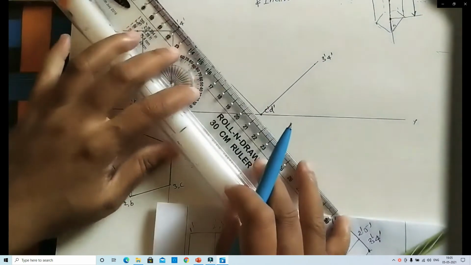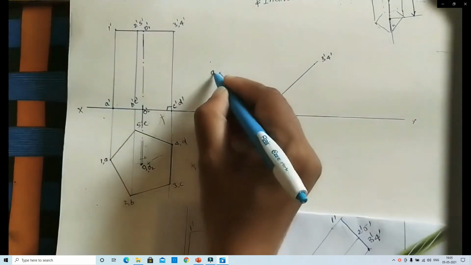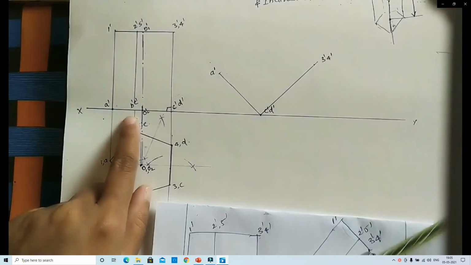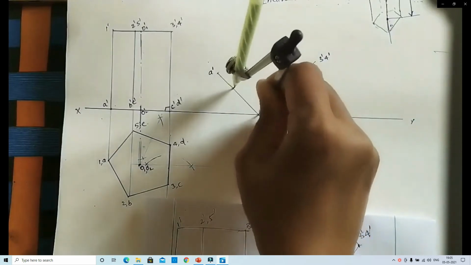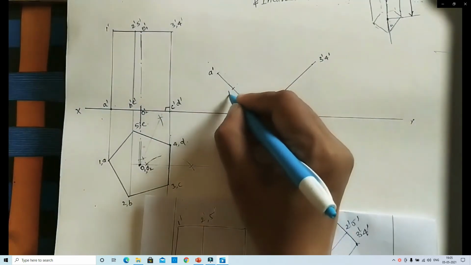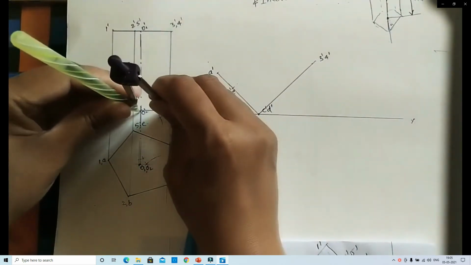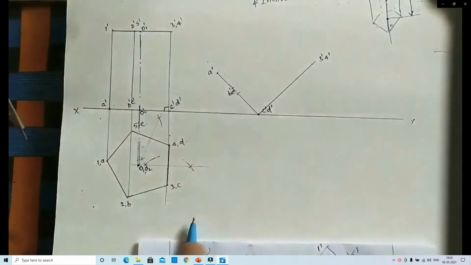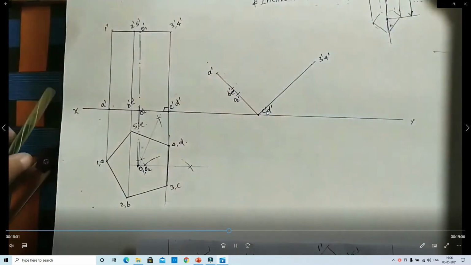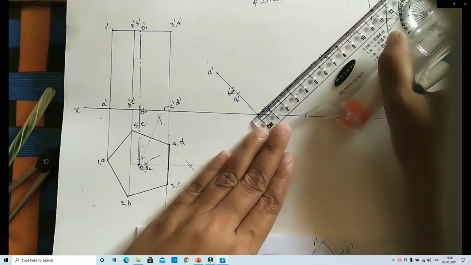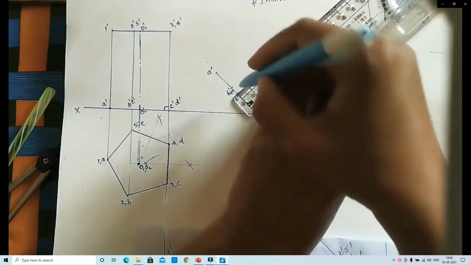That is C A dash. Okay. Now you identify the point lines, axis distance, same side distance. Okay, B dash, E dash, and next the axis, that is the center. That is the axis line.